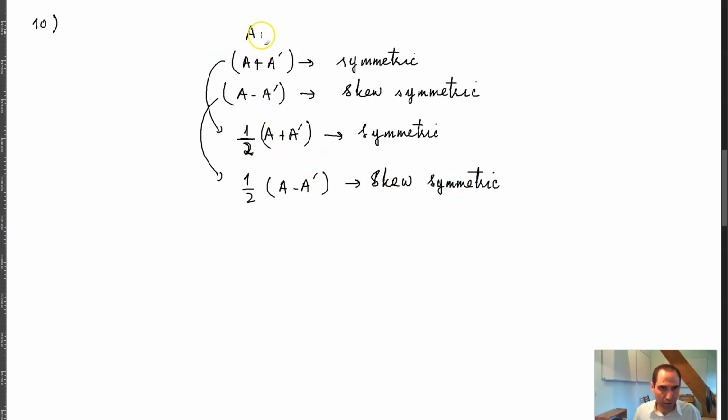Now, as it turns out, we can write this matrix A as 1/2 of A plus A prime plus 1/2 of A minus A prime.